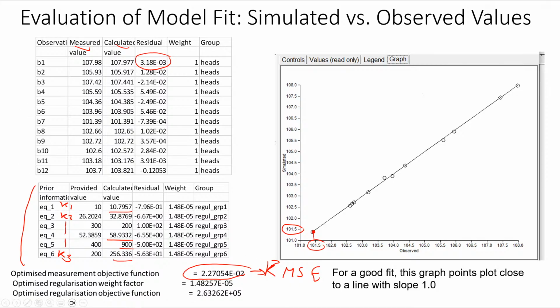So for a good fit, the graph points are close to the 1 to 1 line. But let me show you, this figure has one problem with it: this 1 to 1 line could be misleading. Why? Because let's say this is a big value.